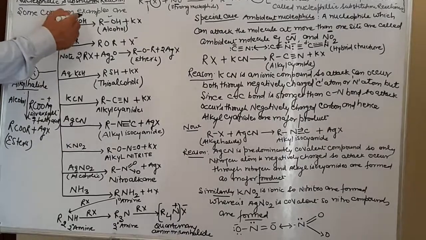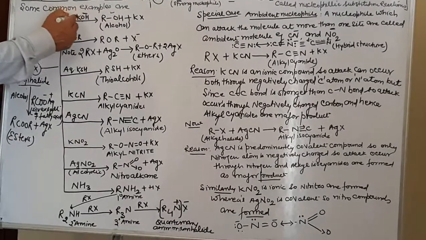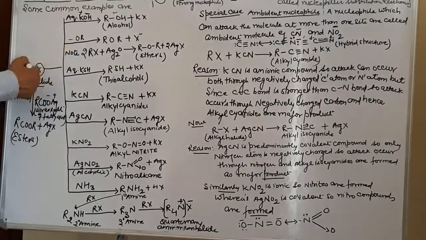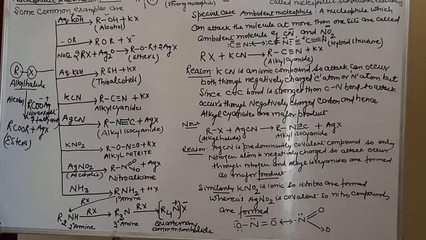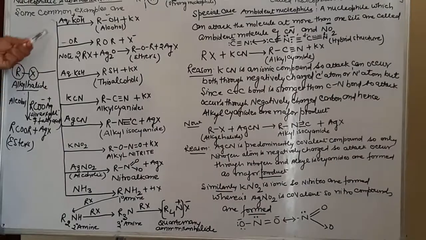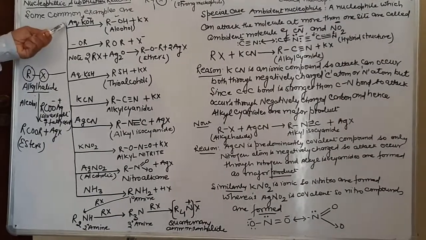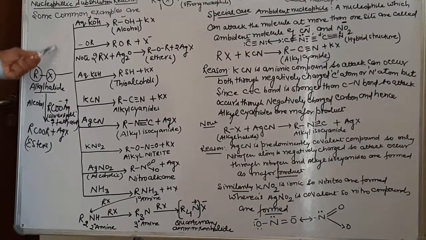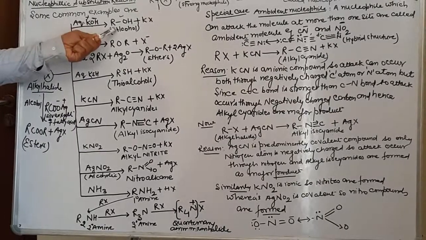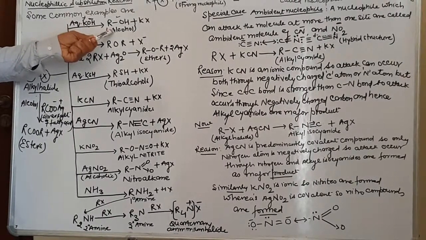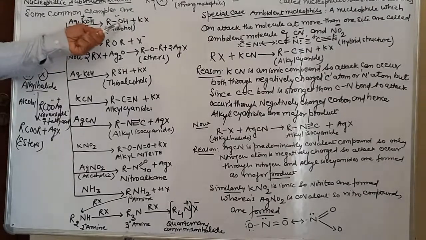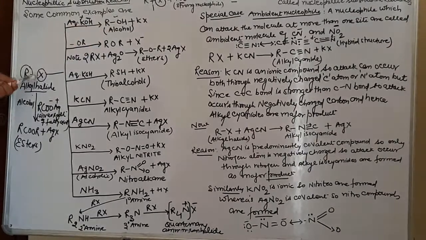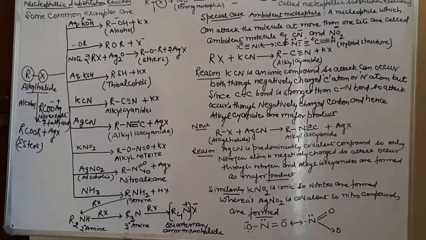The strong nucleophile, which is OH negative ion, will substitute the X negative ion and result in the formation of alcohol. The point to be noted over here is that this reaction is a property of haloalkane, but becomes a method of preparation of alcohol. So when we discuss the next chapter, which will be alcohol, phenol, ether, this will become one of the methods of preparation of alcohol. Here it becomes a property of alkyl halide.